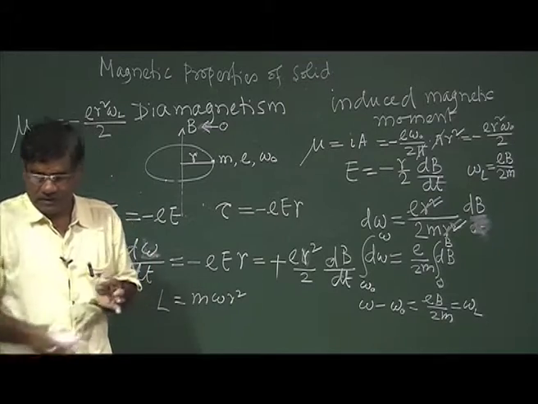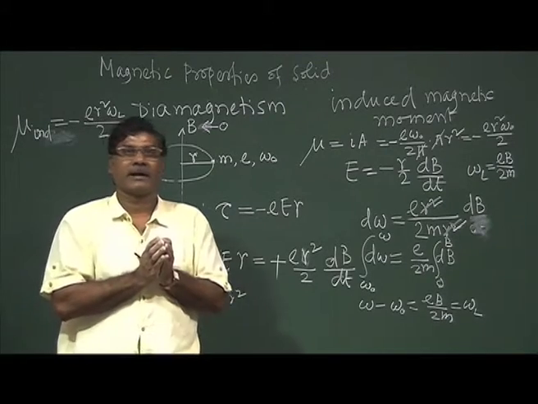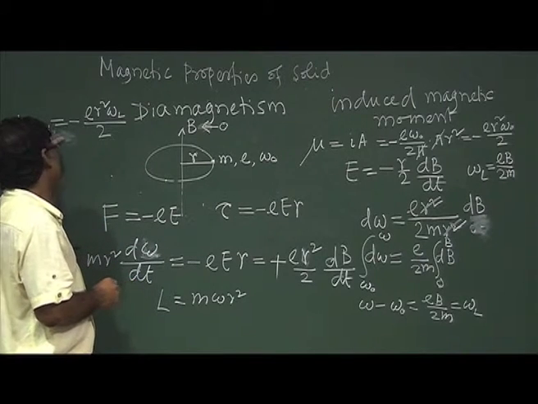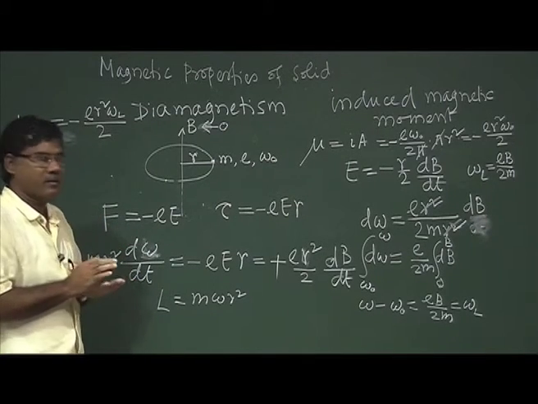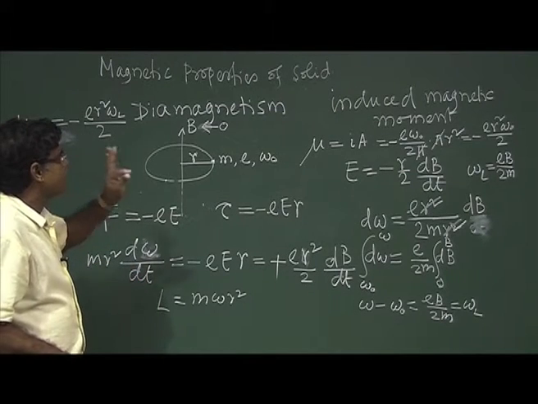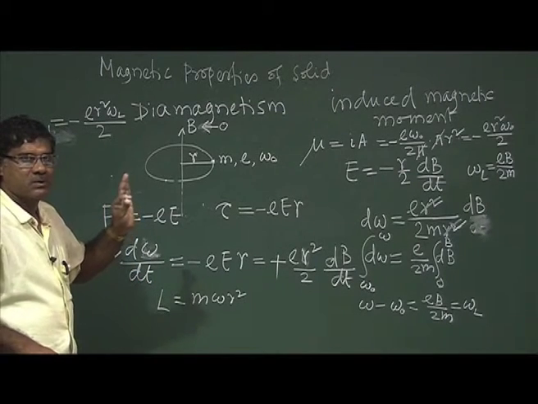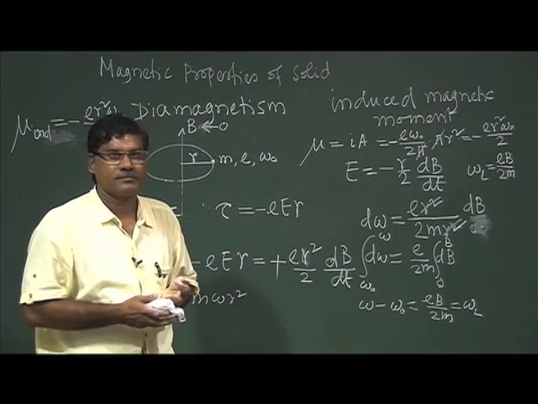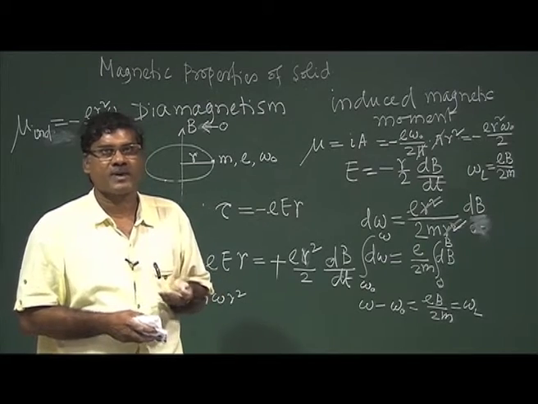From each orbit of the electron we will get an induced magnetic moment attached with that orbit. So this is the origin of the induced magnetic moment. All metals have atoms, and each atom has orbits containing electrons.